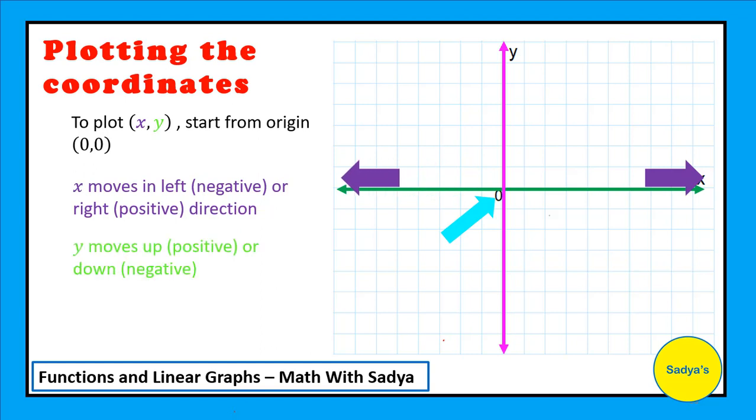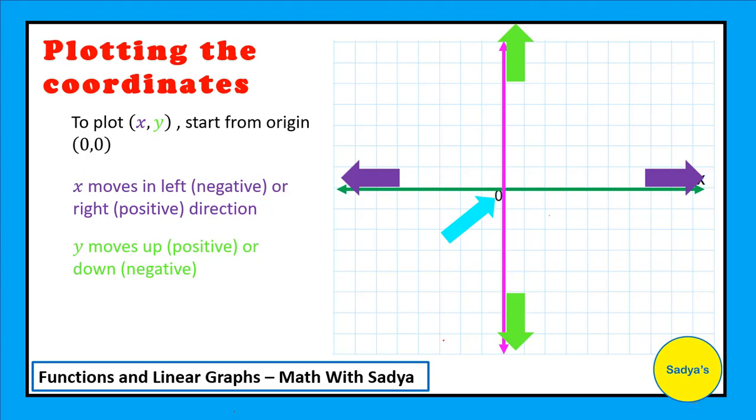After this, we look at the value of y. Y-axis is the vertical axis, so we can either move up or down. If y is positive, we move upwards, and if y is negative, we move downwards. Trust me, it is not at all difficult.